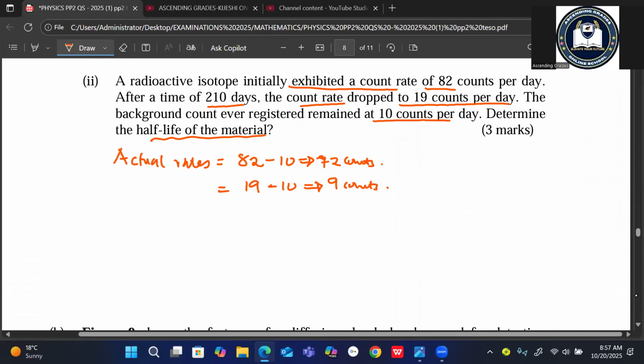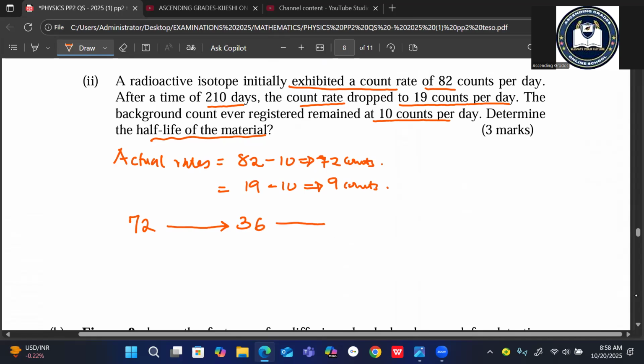So we can use the method of half-life to determine the number of half-lives that happened. Half-life is when a radioactive material decays to half its original mass. In this case we're not using masses, we're using the counts, so the counts must be reducing to their respective halves. Initially we were at 72. If we reduce this by half, we arrive at 36.